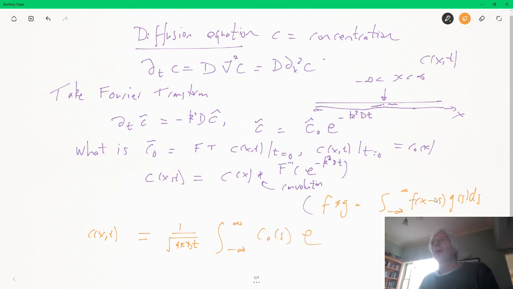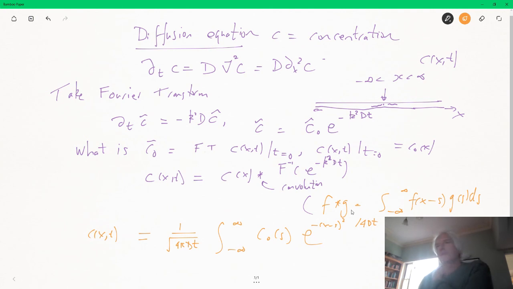And you can swap the x minus s and the s, it doesn't matter where they go, it's got to have that symmetry. Alright, so there's the exact solution to the diffusion equation.